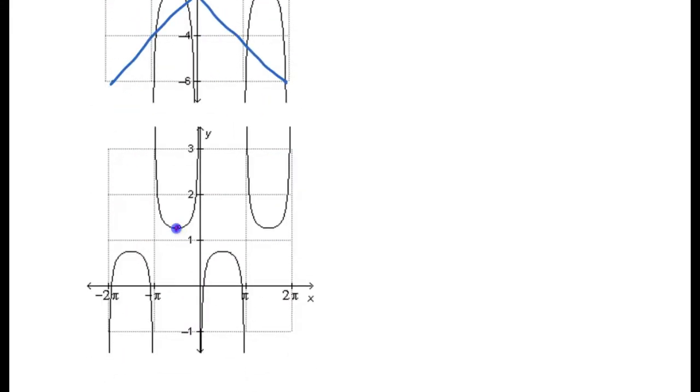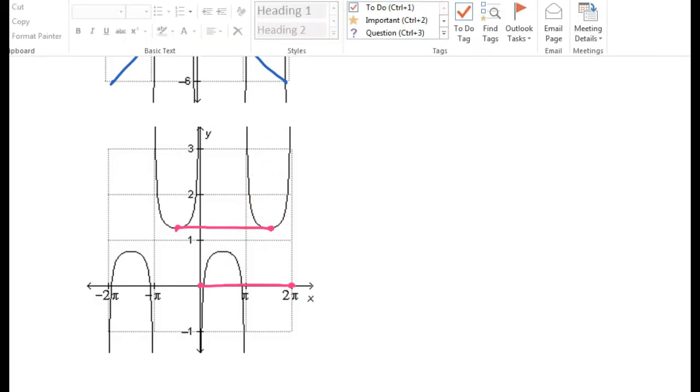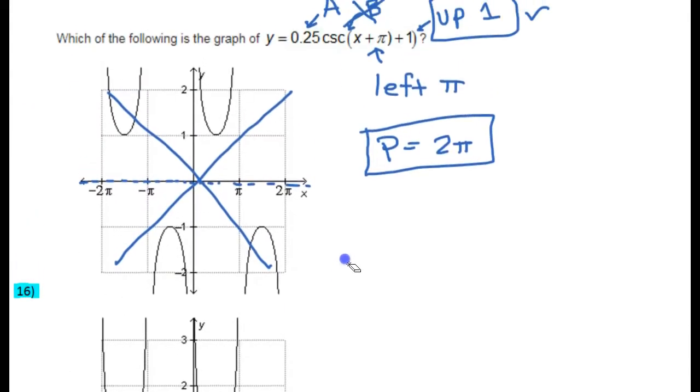And looking at how the graph is marked, from here to here is 2 pi. So that looks about right, so we can't eliminate that. The same thing is going on here. From here to here, that's the period, and again, looking at this graph, from here to here is 2 pi. That looks about the same. So sometimes that helps us eliminate options, but this time the period didn't help us narrow anything down.